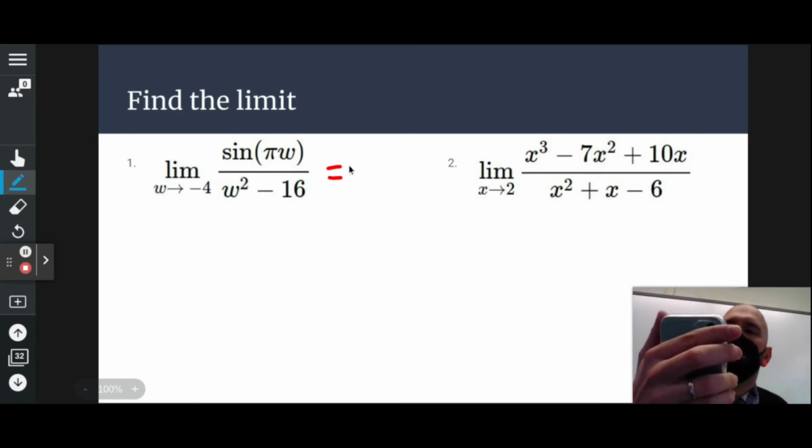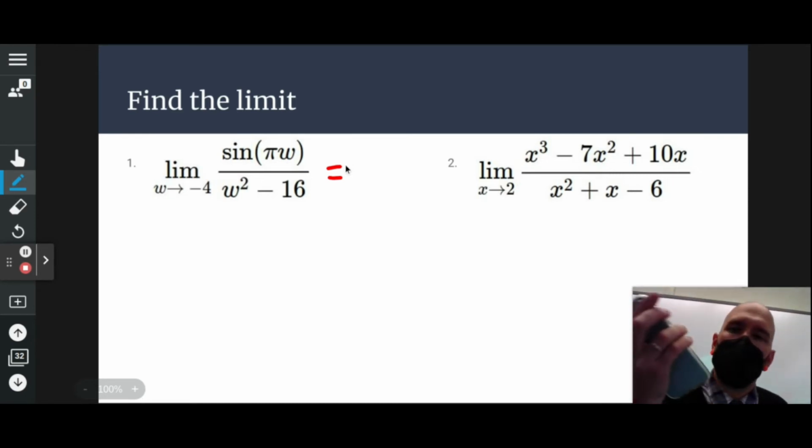The answer is approximately 2.37757. It's not at all giving me what I want. Actually, it should be just sine of pi. Sine of pi is 0, isn't it?